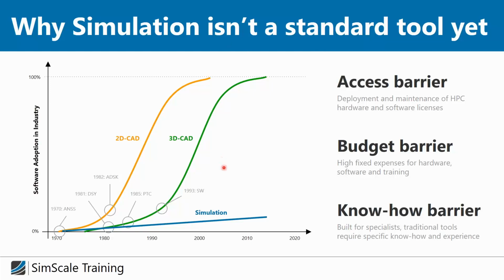And on this chart on the left side, you can basically see how different kinds of software technology were adopted in industry over time. On the x-axis, we have time from the 1970s until today, and on the y-axis, we have the adoption in the industry in percent.